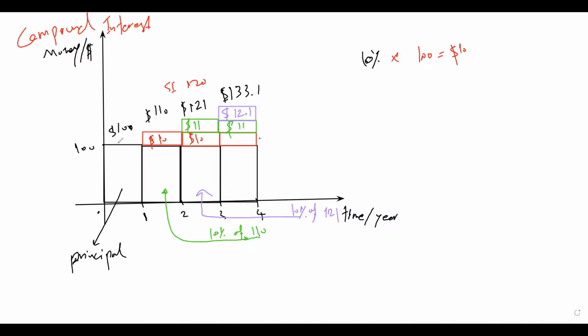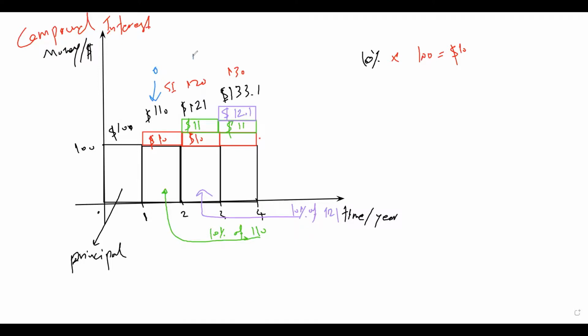And as a comparison, if it was simple interest, here we had 130. Now you see the difference is getting bigger and bigger. Here there was no difference for year one, right? At the end of year one or on the second year. Here the difference is just one. So maybe I can use another color to show the difference. Here there is no difference if it was simple or compound.